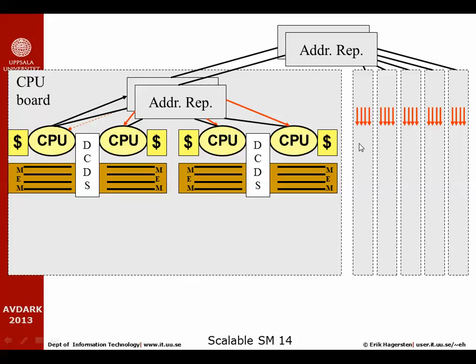What's not shown in this picture is that each of these CPUs, after they look in their snoop tags, can propagate the snoop results back and down again using this repeater structure.